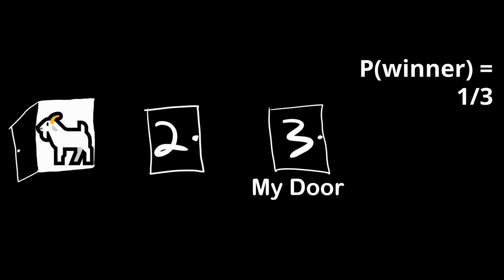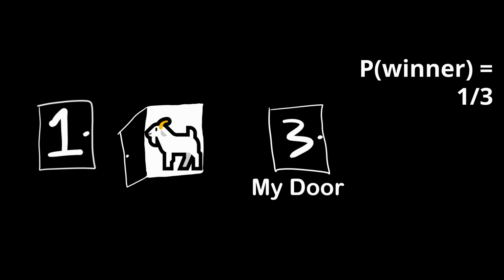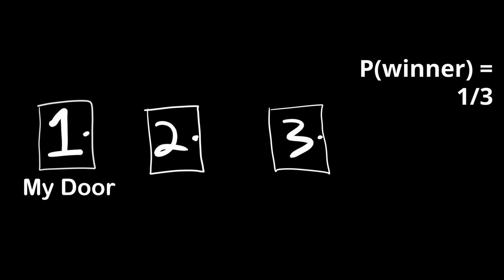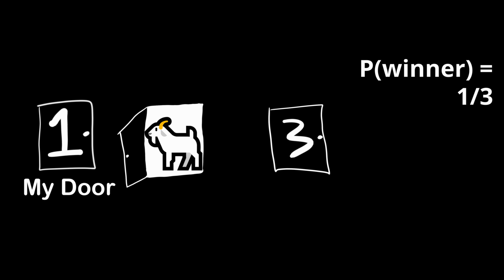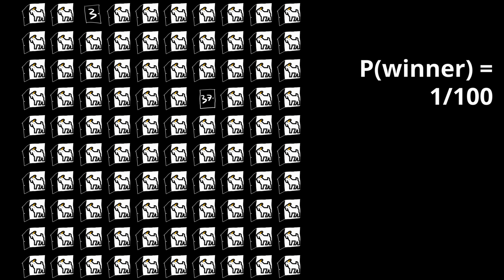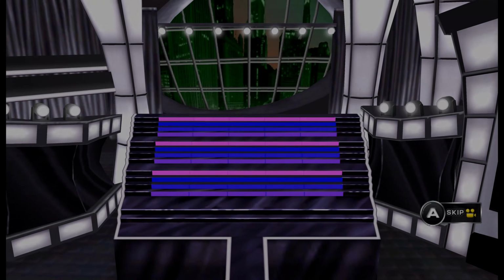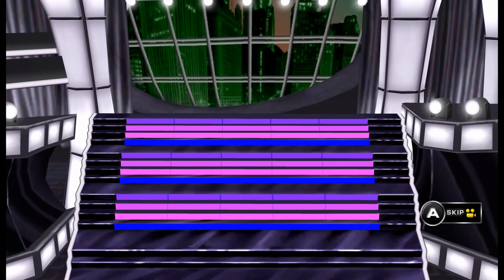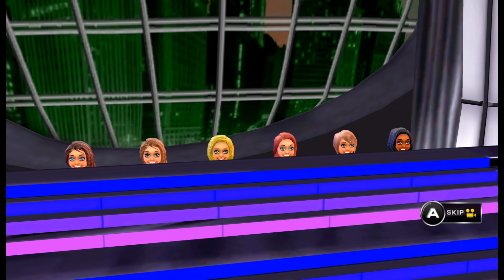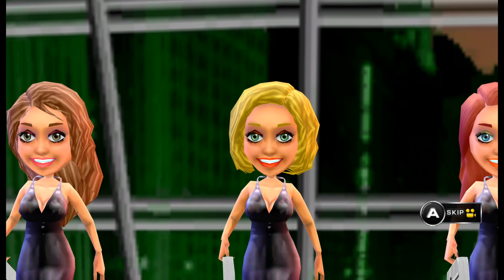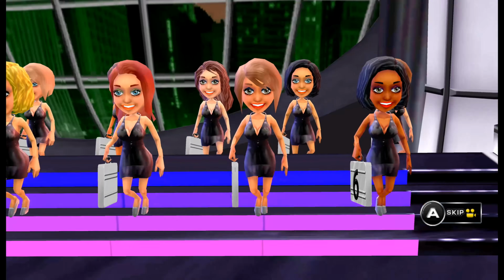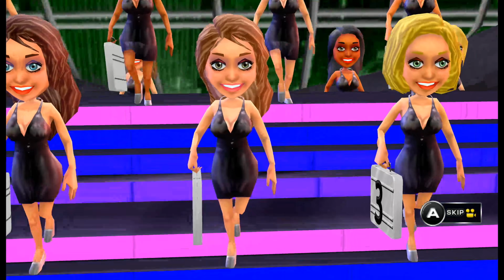You don't learn anything new about your door, so your confidence shouldn't change. It should still be a 1/3 or a 1 in 100 chance of being a winner. So, in conclusion, Deal or No Deal is not an instance of the Monty Hall problem. Keep your case or swap it, it makes no difference in the end.